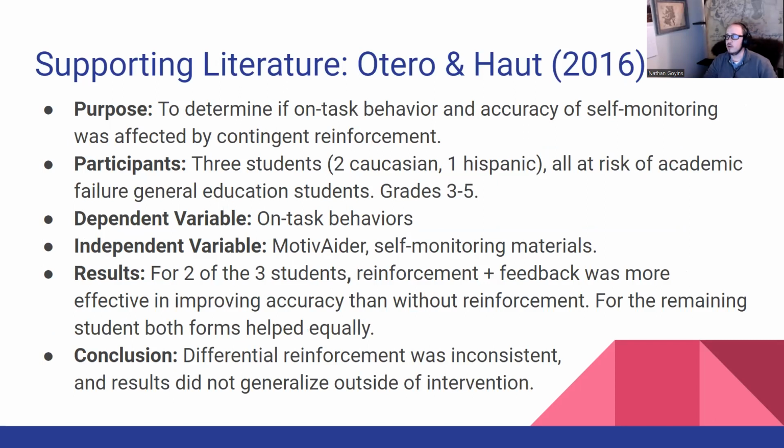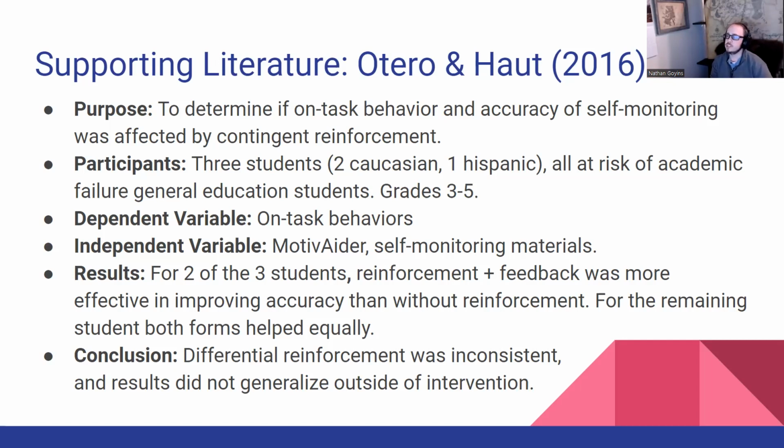The Otero and Hott research was again very similar. They wanted to determine if on-task behavior and accuracy of self-monitoring was affected by contingent reinforcement. So they used the same Motivator program and self-monitoring materials, but they included contingent reinforcement in some phases, and in some phases, no contingent reinforcement.